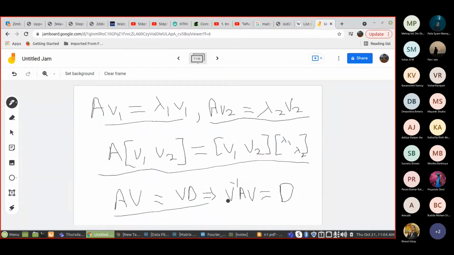From that we can always write this equation, provided A is diagonalizable. Not all matrices are diagonalizable, but almost all of them are. There are some complications like Jordan forms and so on, which we won't get into. But provided that there are n independent eigenvectors, you can always diagonalize any matrix using its eigenvectors, and this is basically a change of basis.